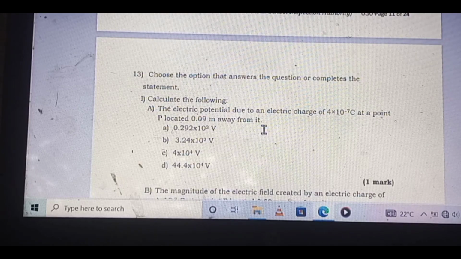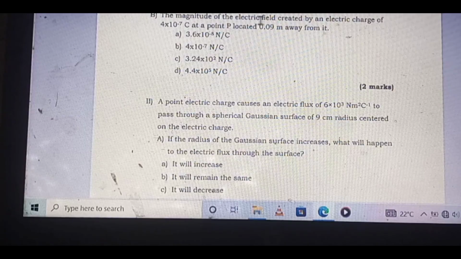The correct answer is letter C, 4 times 10 power 4 volt. B. The magnitude of electric field created by an electric charge of 4 times 10 power negative 7 coulomb at a point P located 0.09 meters away from it. The correct answer is D, 4.4 times 10 power 5 Newton per coulomb.